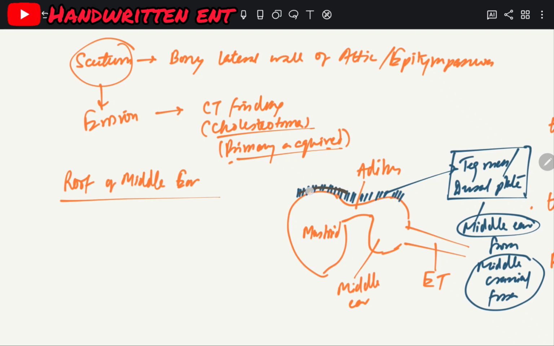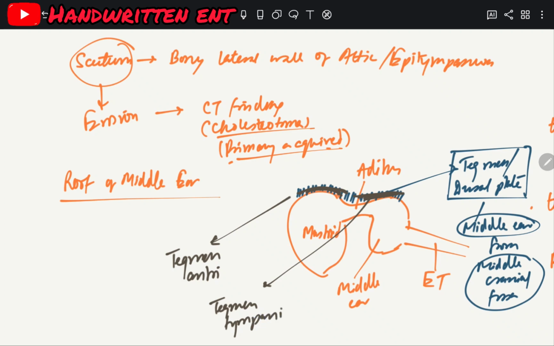The part of the tegmen which is above the mastoid is known as tegmen antri, while the part above the middle ear is known as tegmen tympani, and the connecting portion between the middle ear and the mastoid, as we have discussed earlier, is known as aditus.